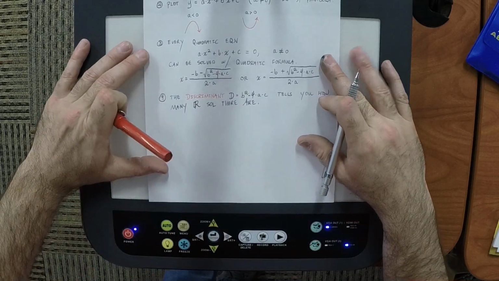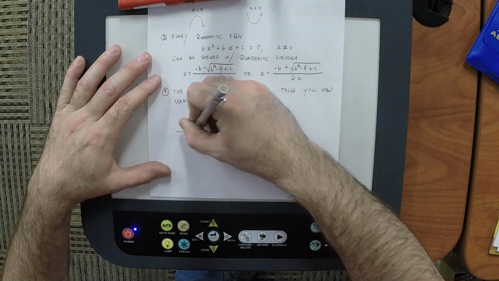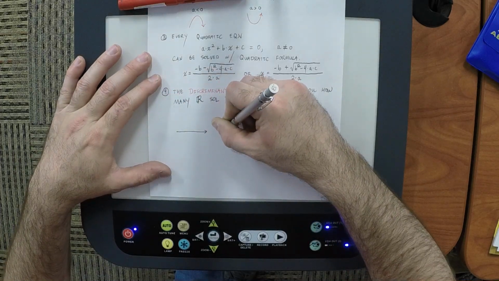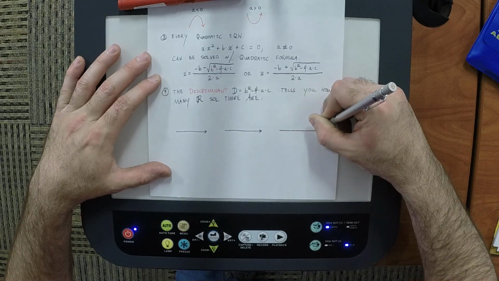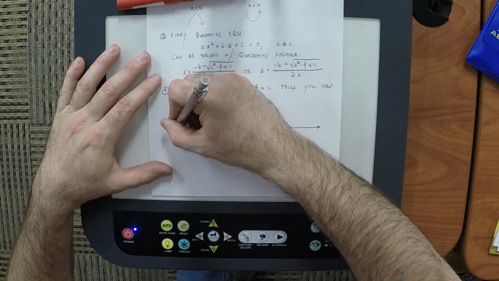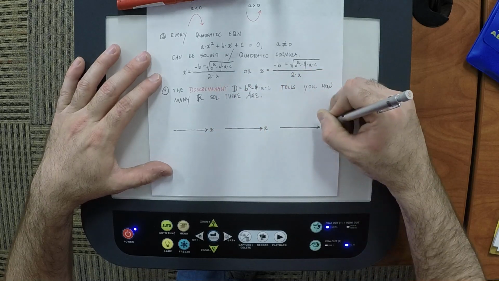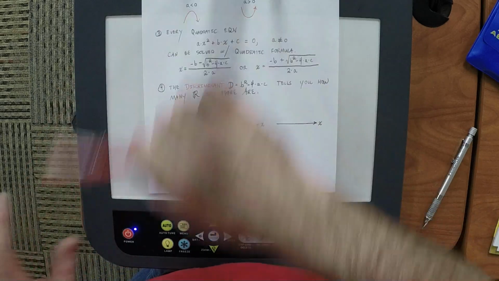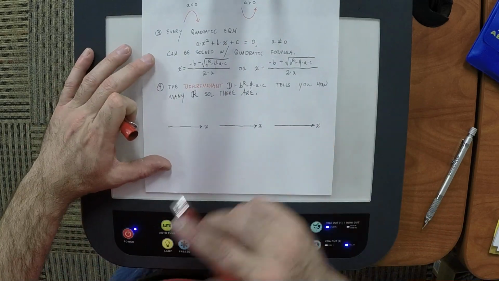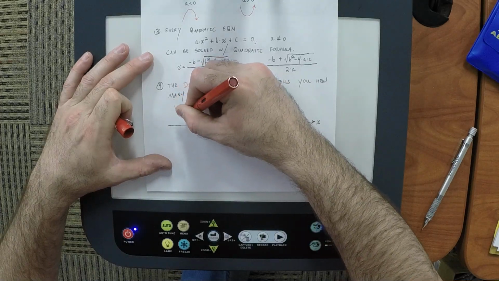And they correspond to the following 3 pictures. So 1, 2, 3. So suppose that in each case this horizontal axis is the x-axis. So in the first case I'll draw a parabola that opens up.